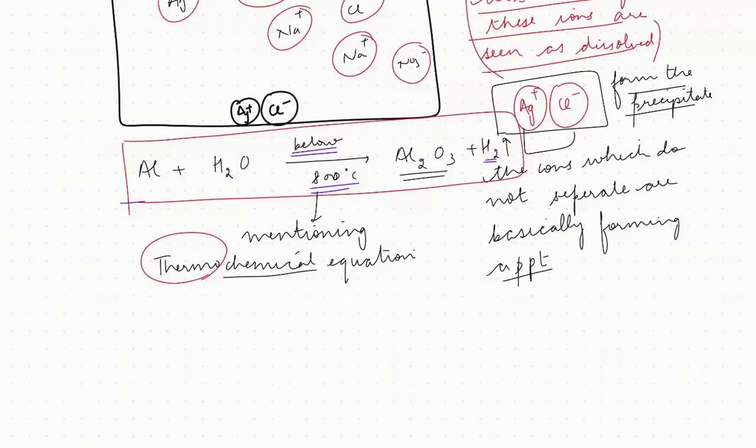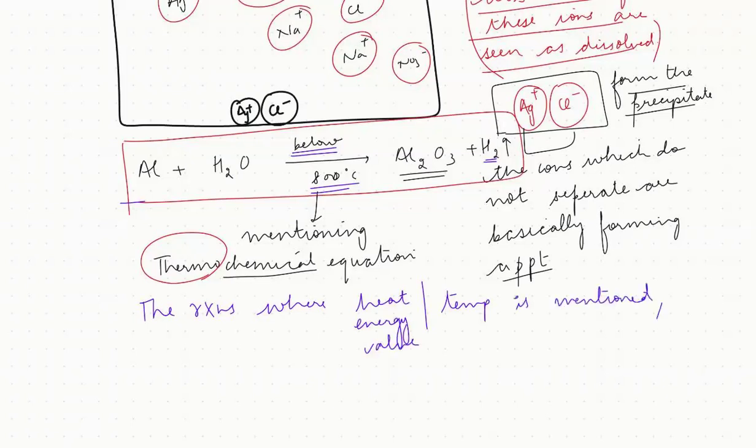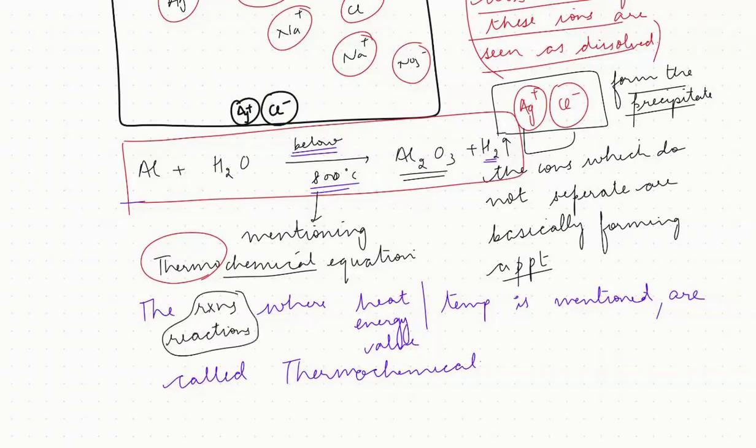So basically the reactions where heat energy value or temperature is mentioned are called thermochemical reactions. RXN is a short form for reactions.